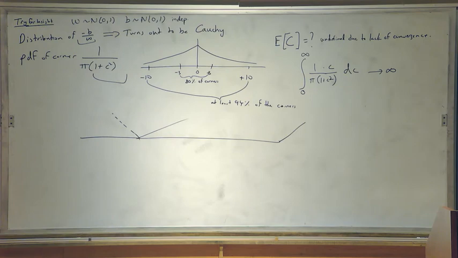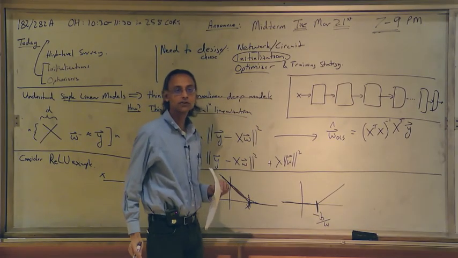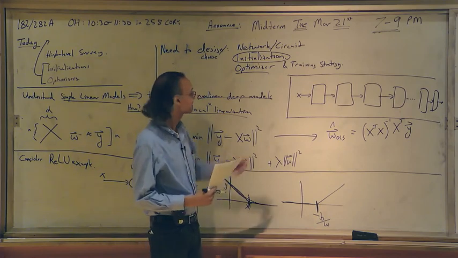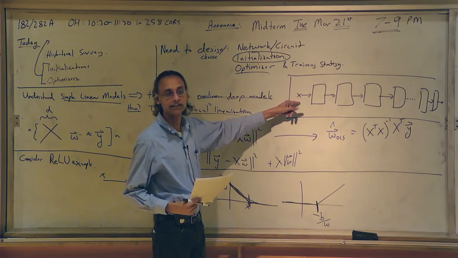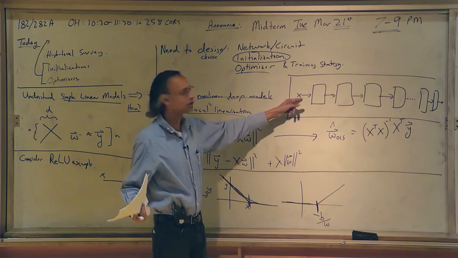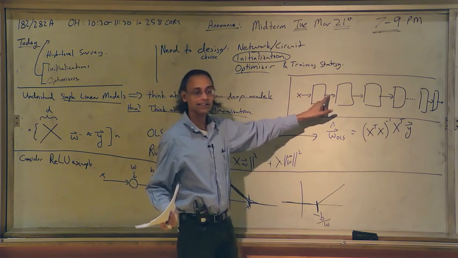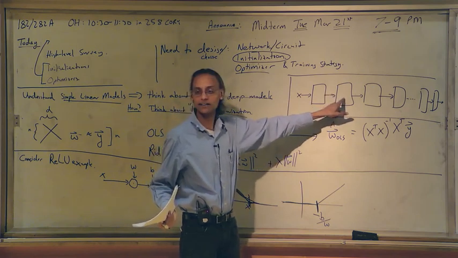But the problem is that in a deep neural net, I'll just draw a little picture of it. Recall what this class is about: you have layers upon layers of stuff. Even if you have standardized the x coming in, from the perspective of gradient descent and learning, this thing is the input to this guy.